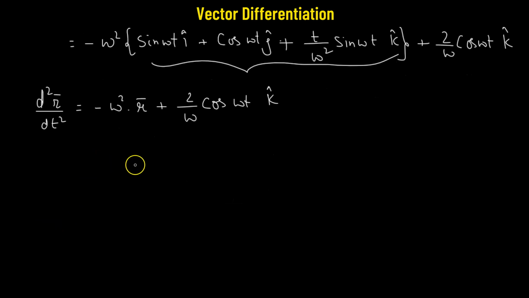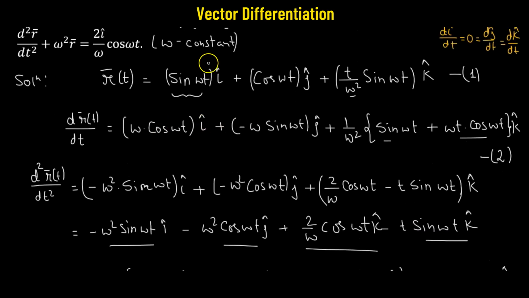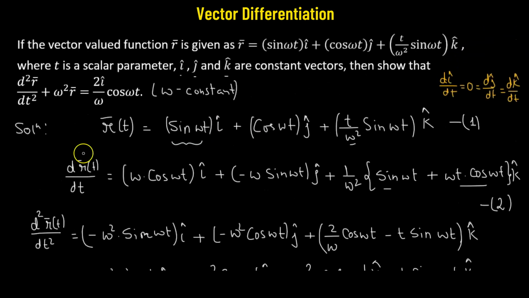Rearranging it, we get d squared r vector divided by dt squared plus omega squared r vector equals 2 over omega cosine omega t k cap, and this proves our problem. There's a typo in our problem: I wrote i cap instead of k cap. This is actually the unit vector k.